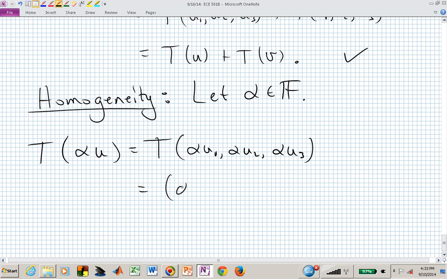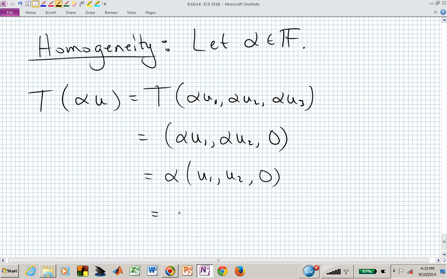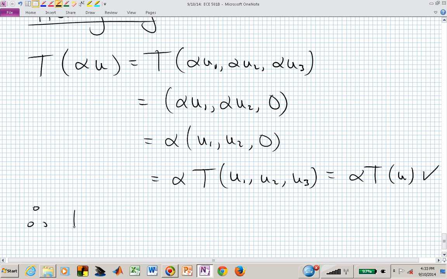But that's simply alpha U1, alpha U2, 0, which is alpha times U1, U2, 0, which is alpha T of U1, U2, U3, which is alpha T of U. It satisfies that, so T is linear.